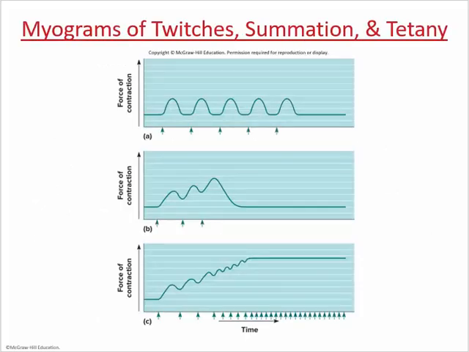So if we look at this, the stimulus is coming here, here, here, and here. So this is a single twitch, and the muscle's completely relaxed, the fiber's relaxed, then it does it again and does it again. This is a bunch of twitches in a row.